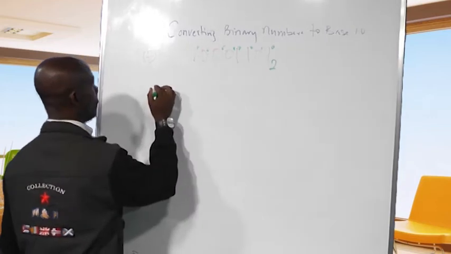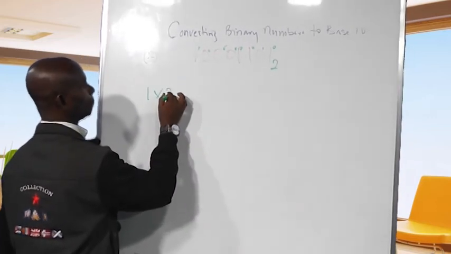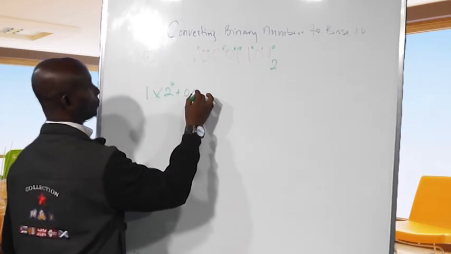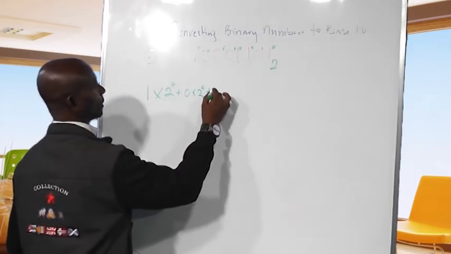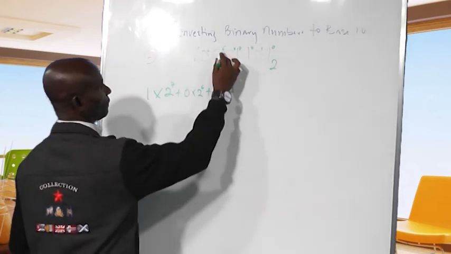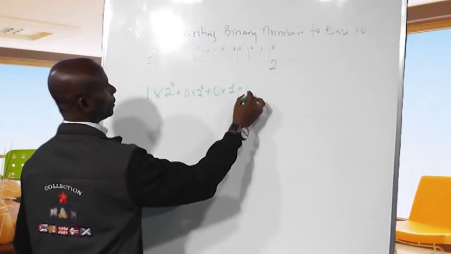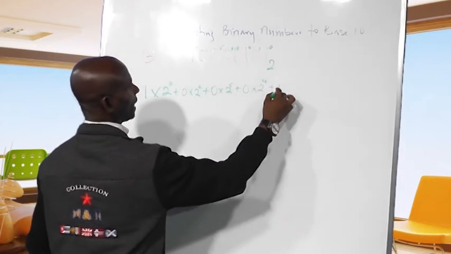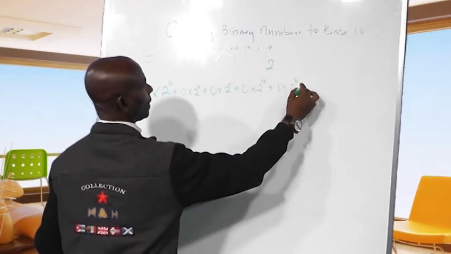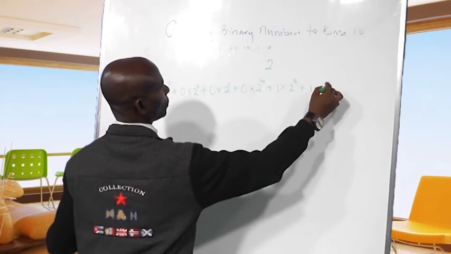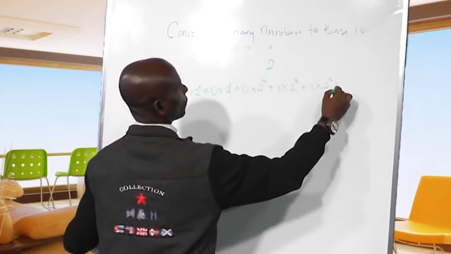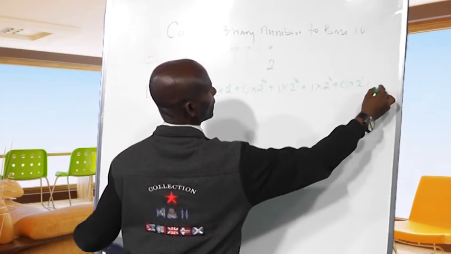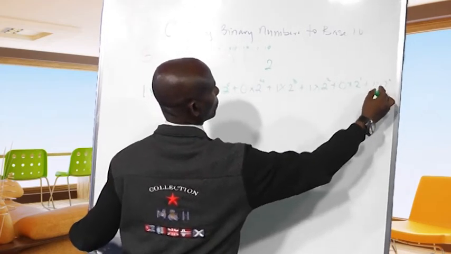We have here 1 times 2 to the 7th power plus 0 times 2 to the 6th power plus 0 times 2 to the 5th power plus 0 times 2 to the 4th power plus 1 times 2 to the 3rd power plus 1 times 2 squared plus 0 times 2 plus 1 times 2 to the 0.